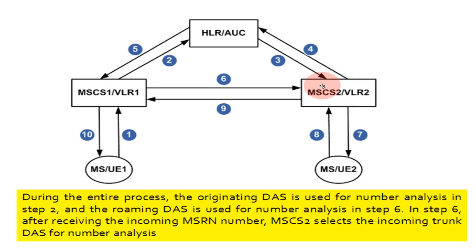What MSC2 is receiving as object is the mobile station roaming number. So inside MSC2 there has been a configuration about mobile station roaming number, about routing. That's why we have two analyses. The first analysis concerns MSC1 and the second analysis concerns MSC2.